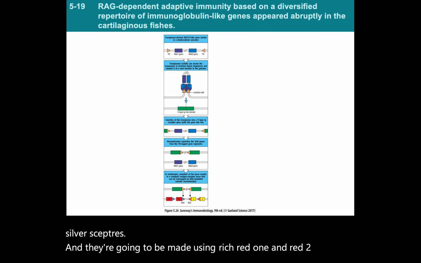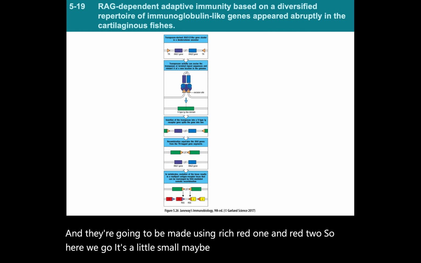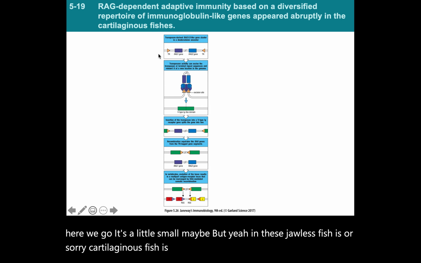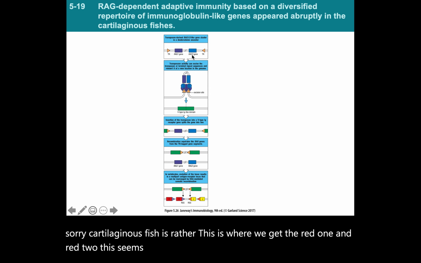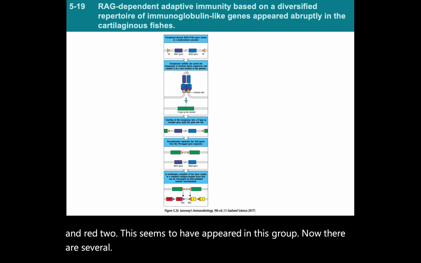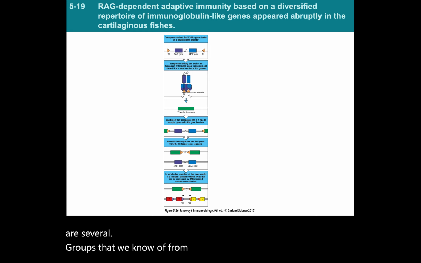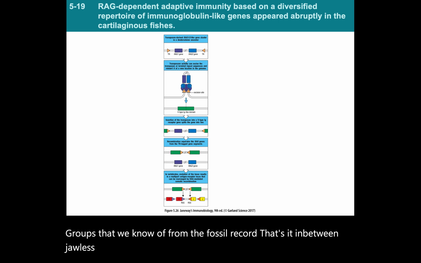So here we go. It's a little small maybe. But yeah, in these cartilaginous fishes, this is where we get the RAG1 and RAG2. This seems to have appeared in this group. Now, there are several groups that we know of from the fossil record that sit in between jawless fish and things like sharks, cartilaginous fish.